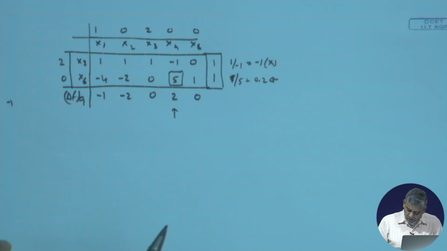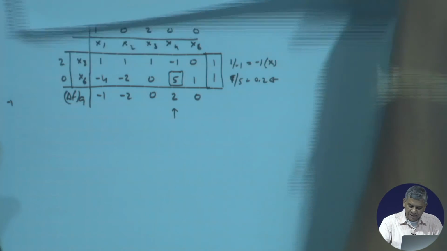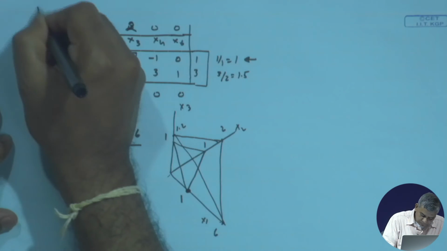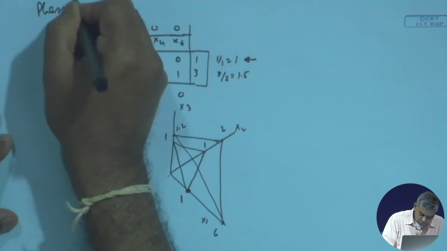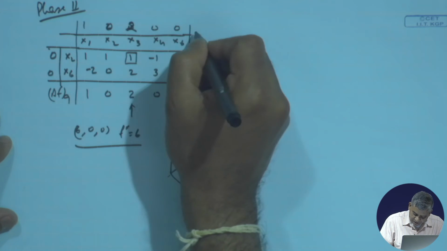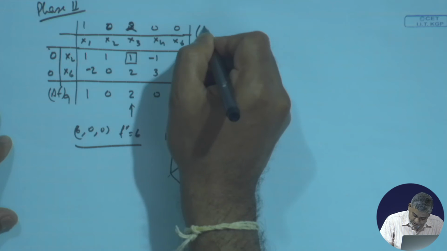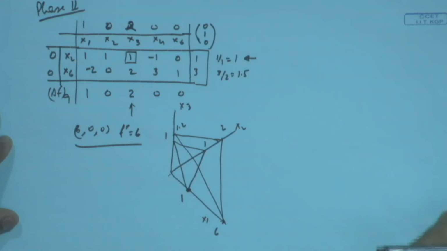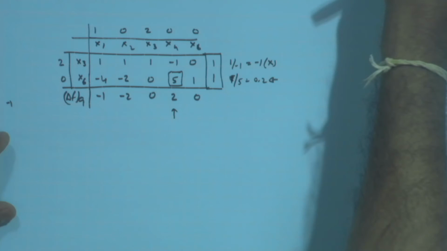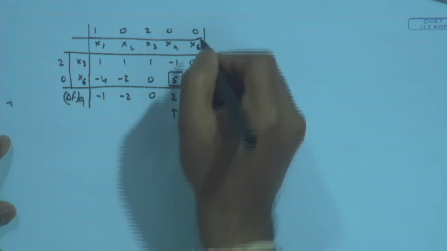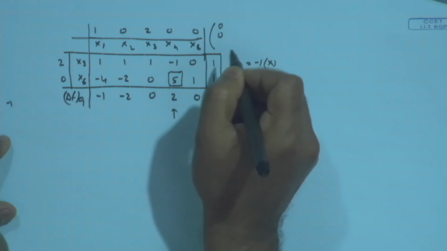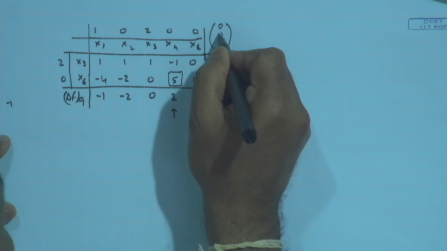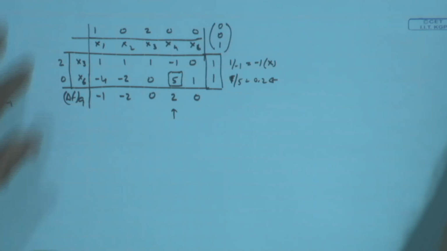All right. So if I go back to phase 2 and table 1, here the x1 value is 0, x2 value is 1, and x3 value is 0. Now in this table we've got 0, 0, x3 is 1. Yeah, that's what I was asking, but you're telling me 2.